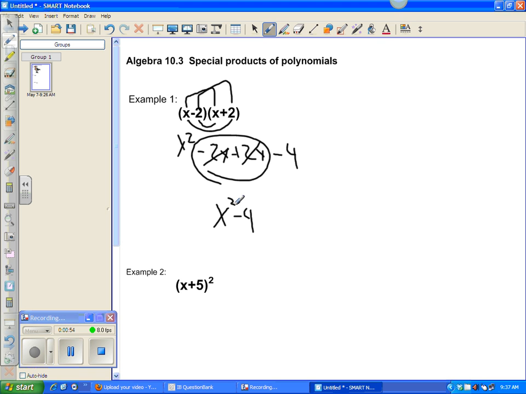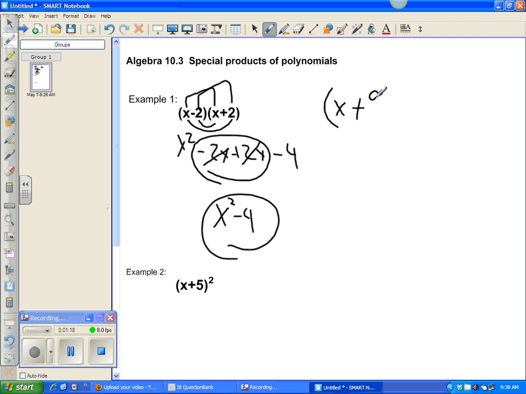This always seems to happen if the variable and the constant are the same in both, with opposite symbols for addition and subtraction: you'll always get a polynomial that looks like this.